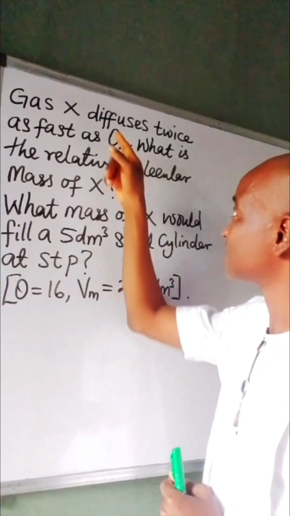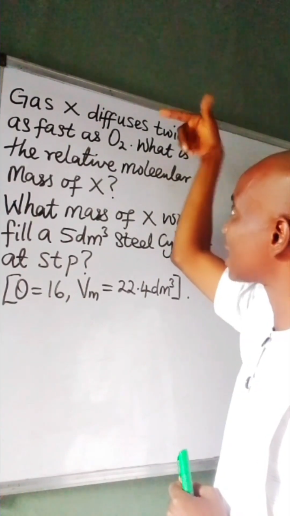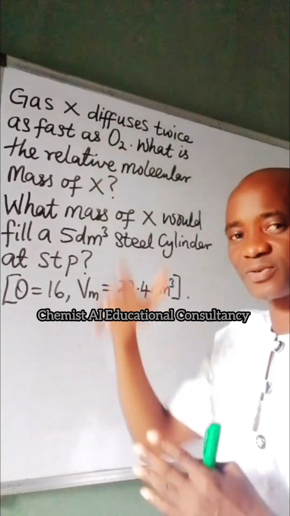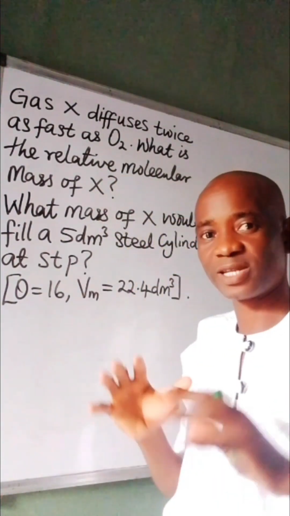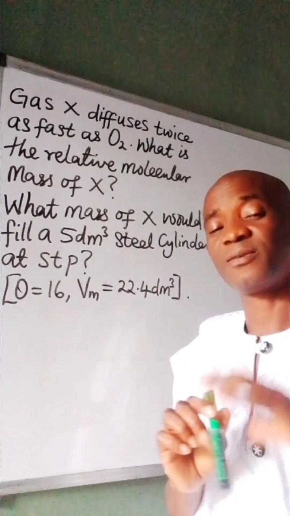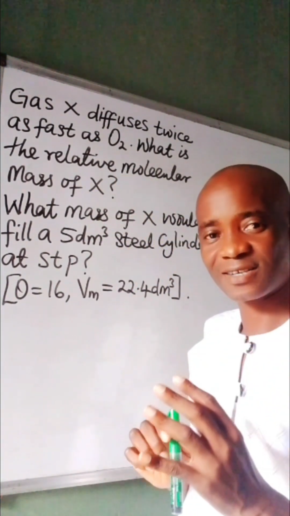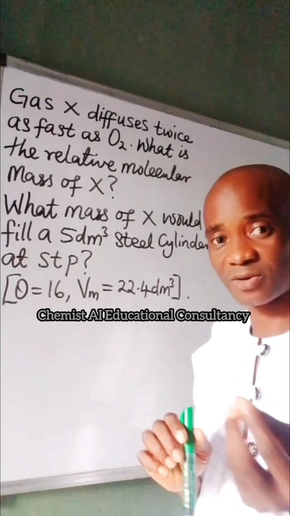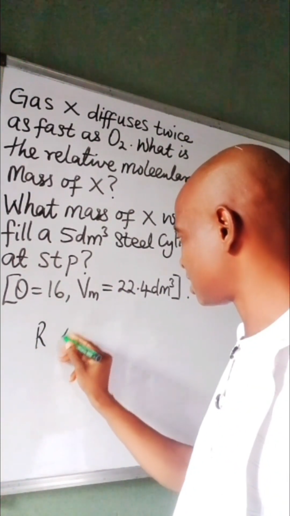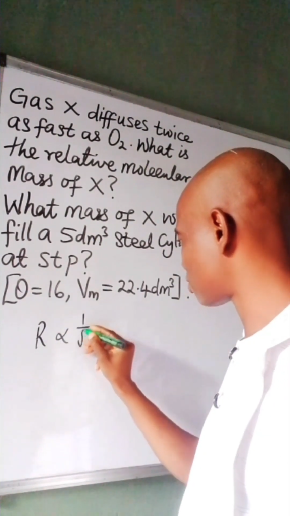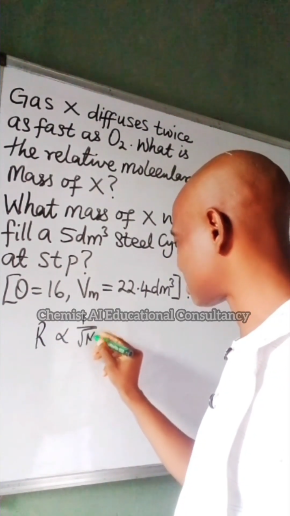It talks about gas X diffusing twice as fast as oxygen. So, it is talking about rate of diffusion and the relative molecular mass. There is a mathematical relationship between rate of diffusion and relative molecular mass according to Graham's law. And it states that rate of diffusion is inversely proportional to the square root of relative molecular mass, right?